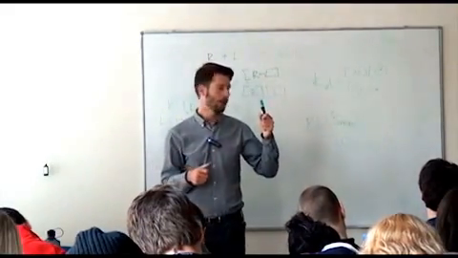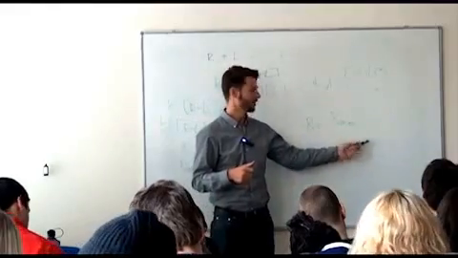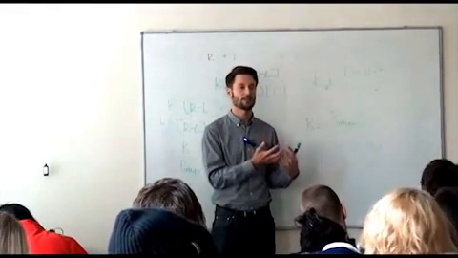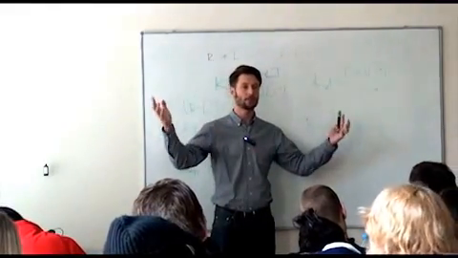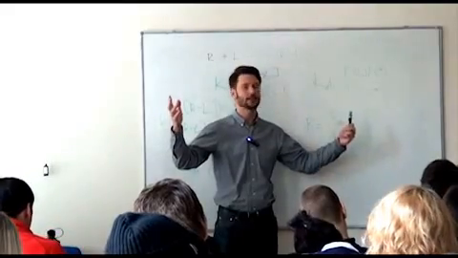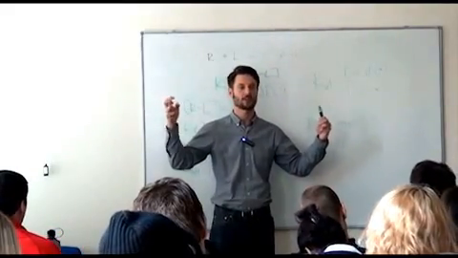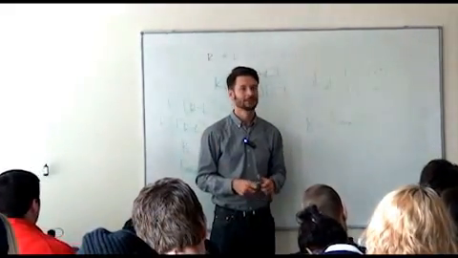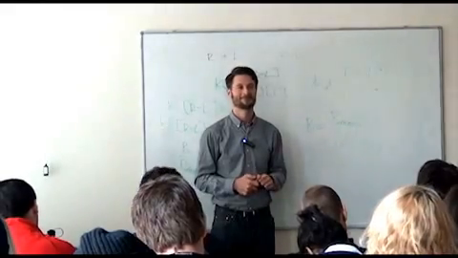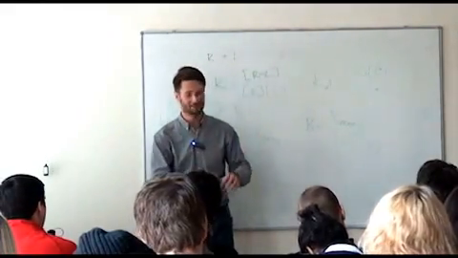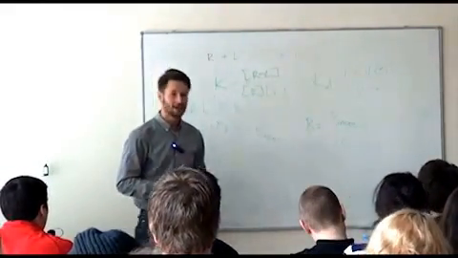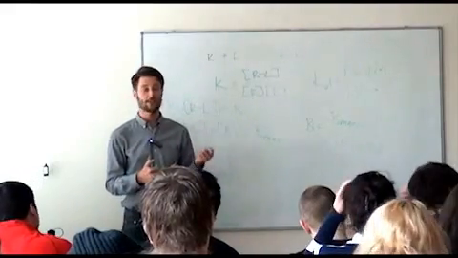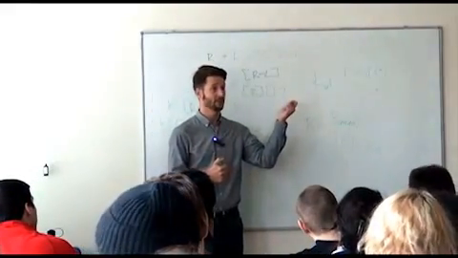So how do we guess the affinity of a receptor based on the dissociation constant? We have two receptors, one of them has higher KD, the other one has lower KD. Which one is going to have higher affinity? Take your time, think about that. The lower KD. The lower dissociation constant says that it's higher affinity.